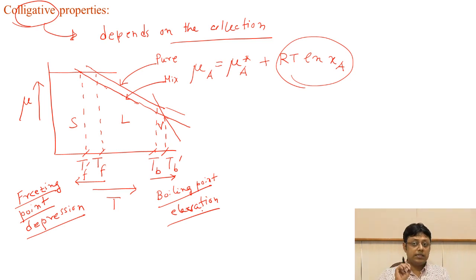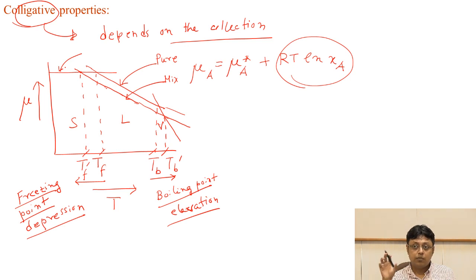Now you might ask, what about the solid curve? Because we are only considering the change in the chemical potential of the liquid. We did not consider how the solid behaves, in pure form or in the mixture. Here, the assumption is that when the liquid forms the solid, the solute separates out.